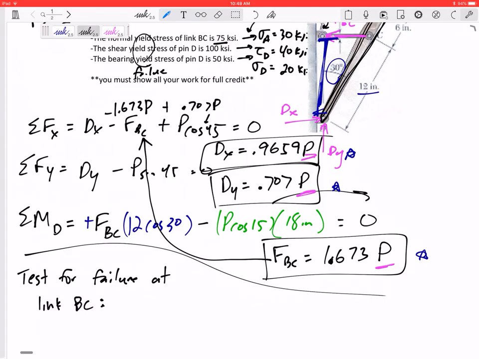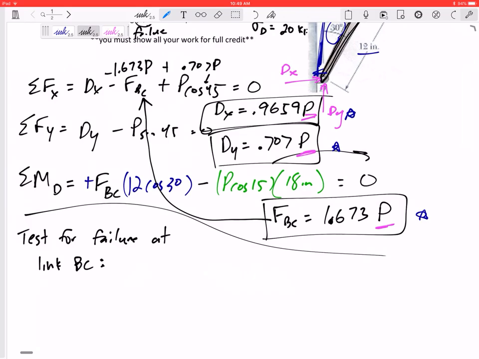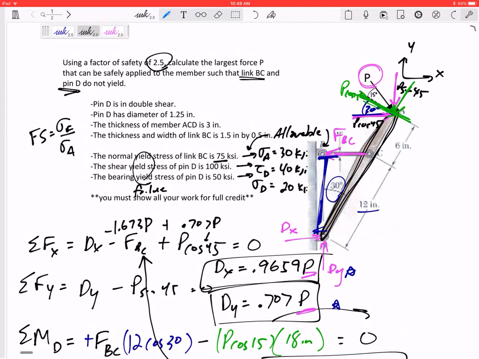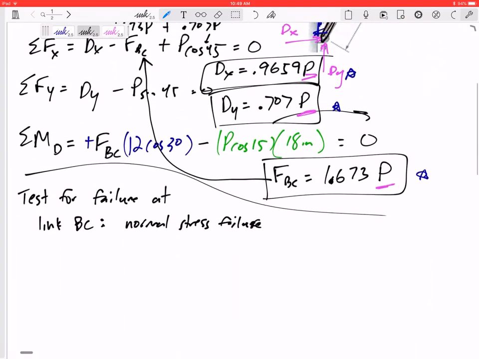How might BC fail? BC might fail due to normal stress failure at BC. I've already been told that I'm only going to allow the normal stress in BC to get up to 30 KSI.